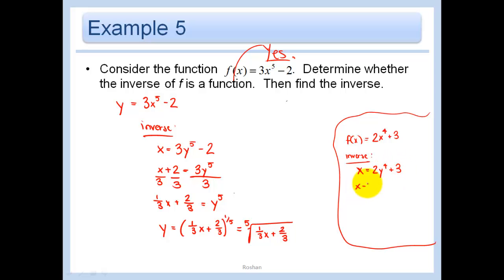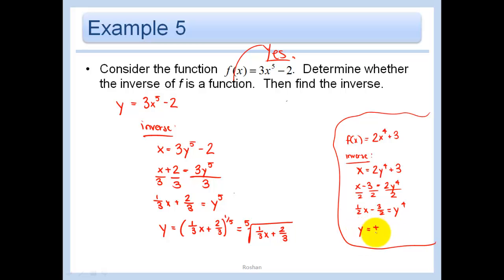Subtract 3. You must isolate that power before going on, so let's divide each term by 2. 1/2 x minus 3/2 equals y to the 4th. When I go to take the 4th root, because that's an even, I need my plus or minus.